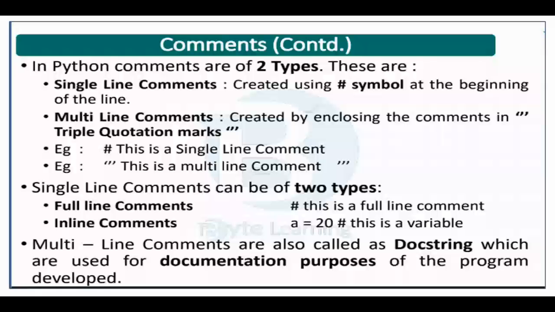Later, after some more knowledge about writing Python programs, I will show you a basic sample program, how you can write a Python program and how you can save it. In that I will use all these methods of comments and explain how comments are added in Python.